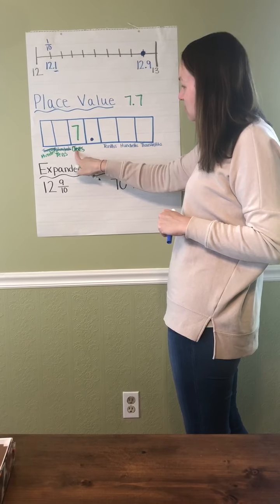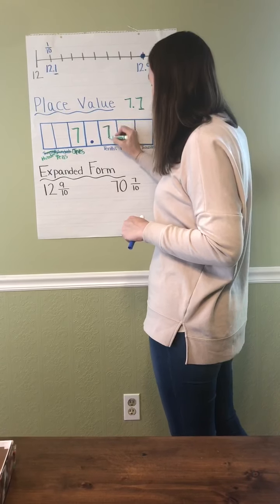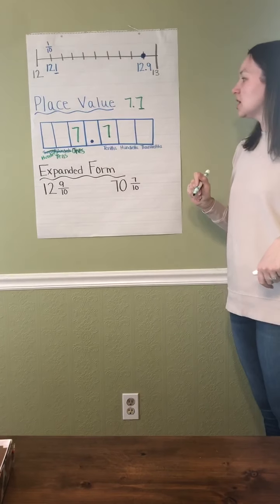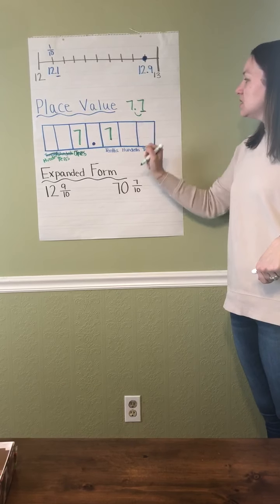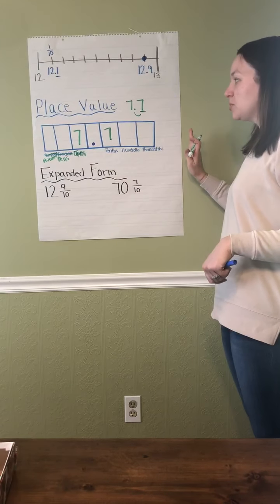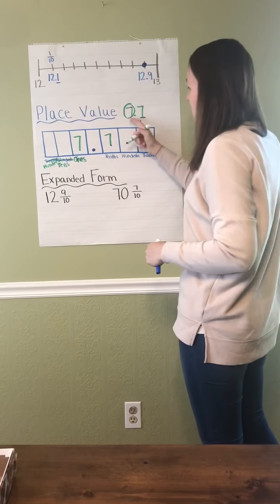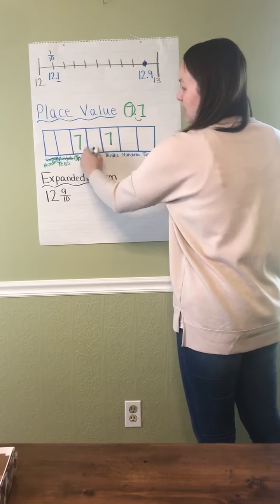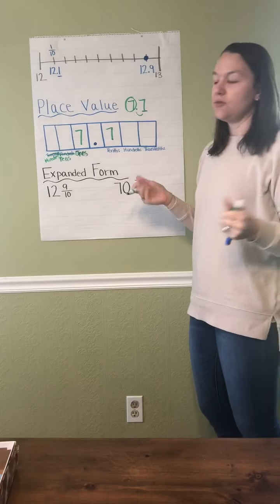So here's my 7 point. Now this 7 is the one in my tenths place. So if I was going to show that in my place value chart, this is what it would look like. Anything to the right of this decimal is going to be to the right on our place value chart. Anything to the left, so like this 7's to the left, that's a whole number, and that goes on the left side of our place value chart. So hopefully that clears it up for you a little bit.